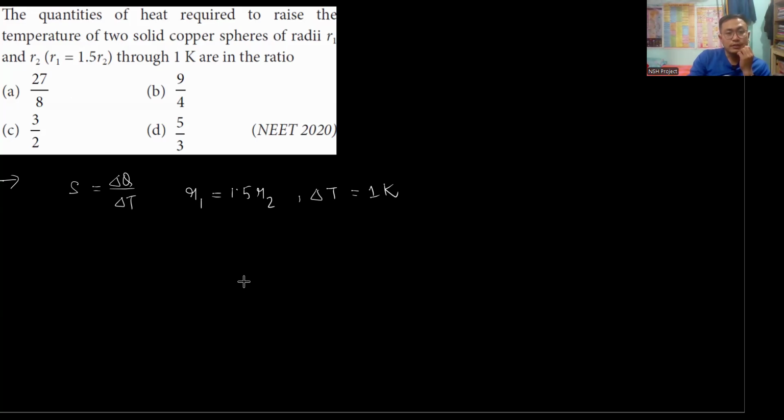So we need delta Q, the quantities of heat required to raise the temperature of two solid copper spheres.